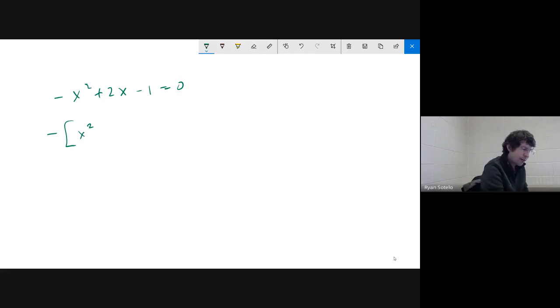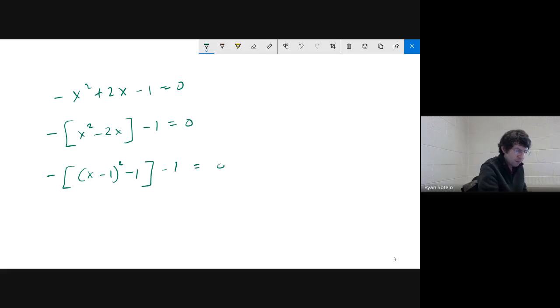So if I pull the minus out of here, I get x squared. If I pull a minus out of here, I actually have minus 2x. It just changes the sign. All right, now I'm going to complete the square inside the brackets. It's minus 1 squared minus 1. And then I'm going to add 1 to both sides.